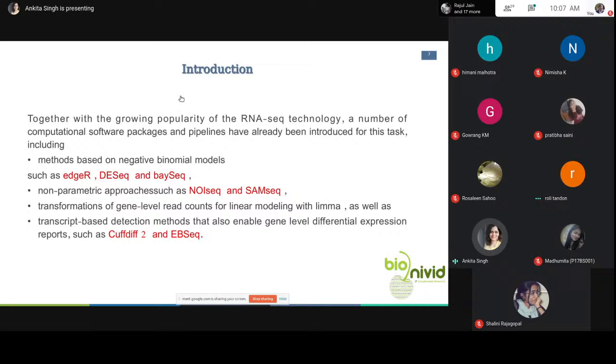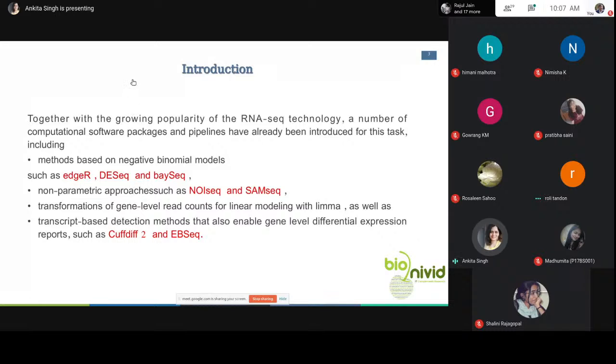If you don't have replicates, are the samples you are comparing expected to have a large amount of variability, or is the sample which you have taken very heterogeneous? Say for example, in case of cancer, we have a lot of heterogeneity over there. So all these things you have to keep in mind when you are choosing a method for your differential gene expression.